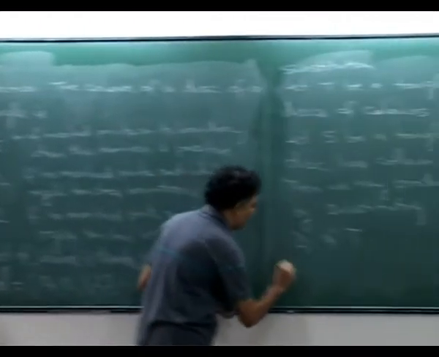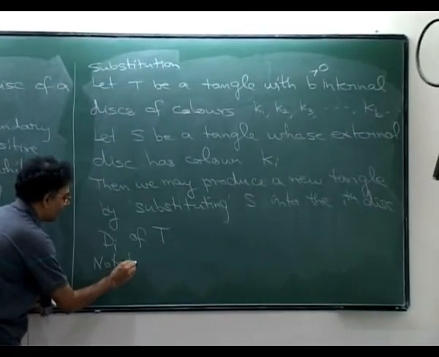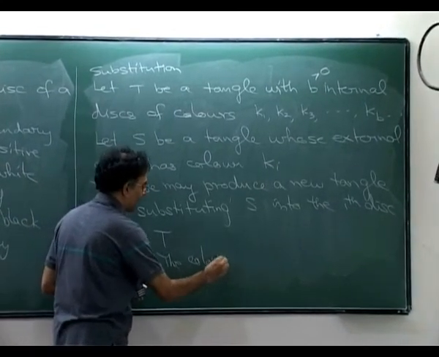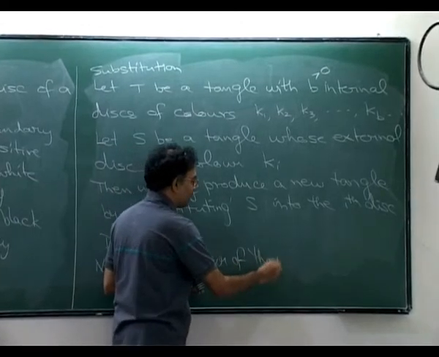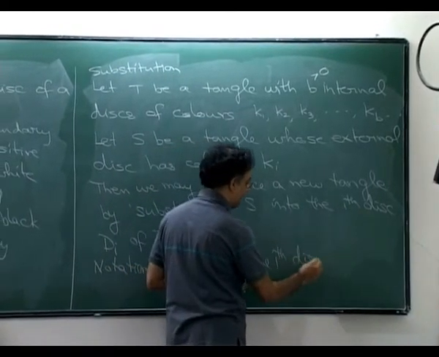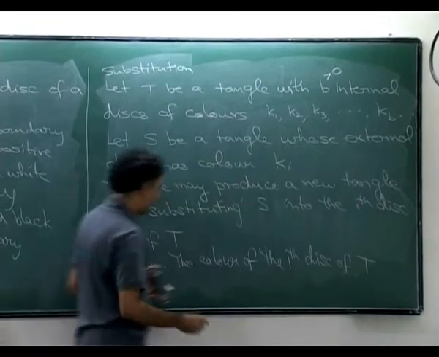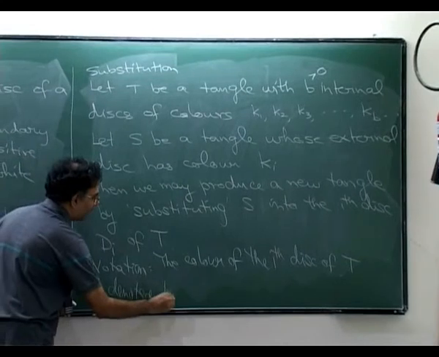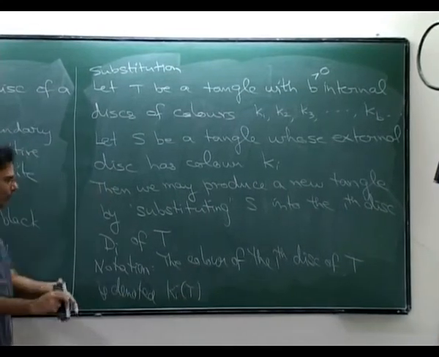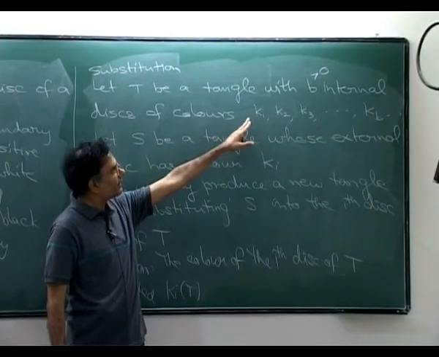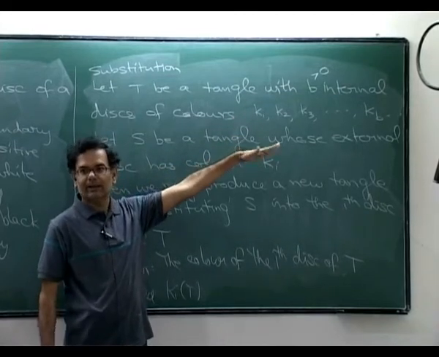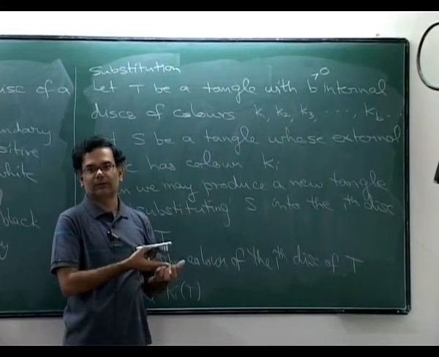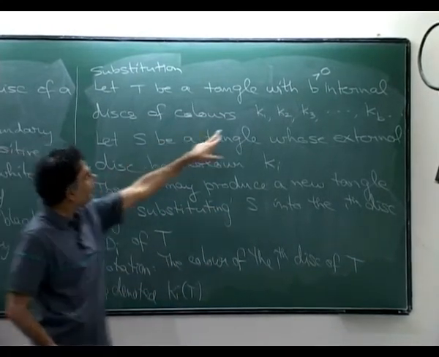So let me put in one more notation here. The color of the ith disk of T is denoted Ki of T, as you would expect, right? Initially I called the disks of T D1 up to DB, and then I said D1 of T means the first disk of T. Similarly, K1 up to KB are the colors.